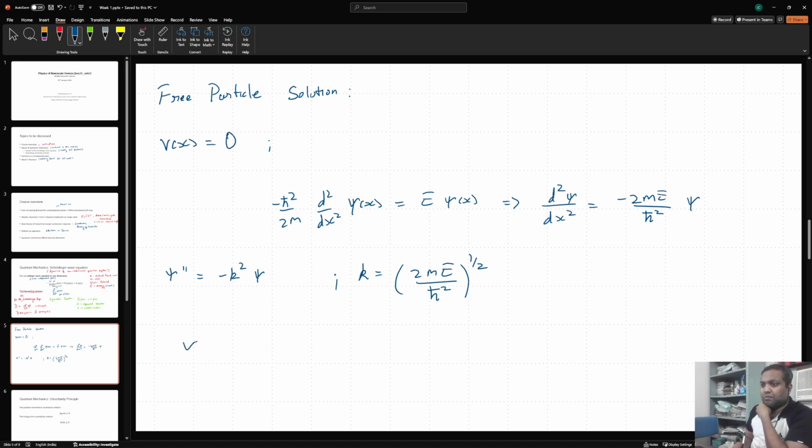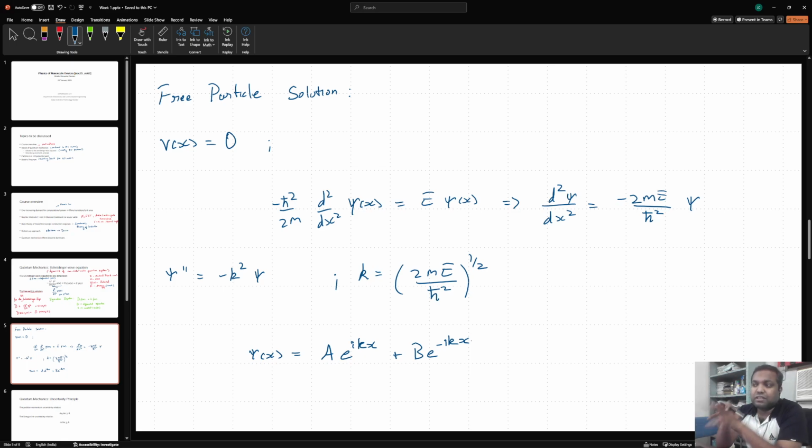And from this, we know that psi of x will have the general form A e to the power i kx plus B e to the power minus i kx. There is a reason I've written it like this. In the lecture slides, you will see that the solution is given as the sine and cosine function.